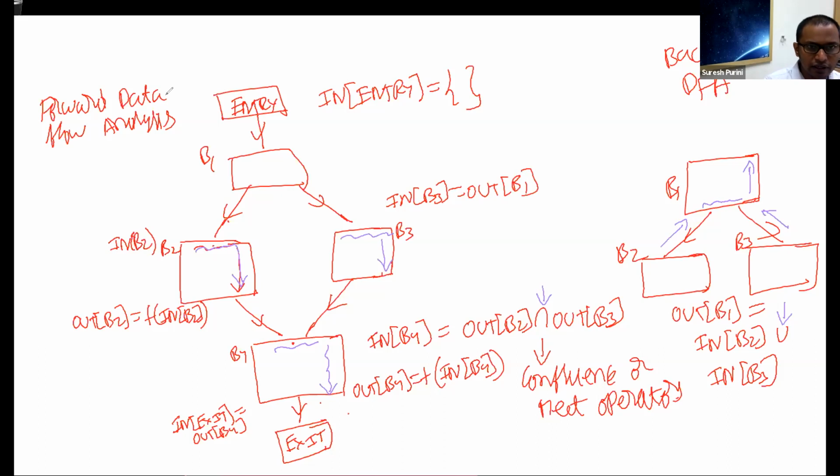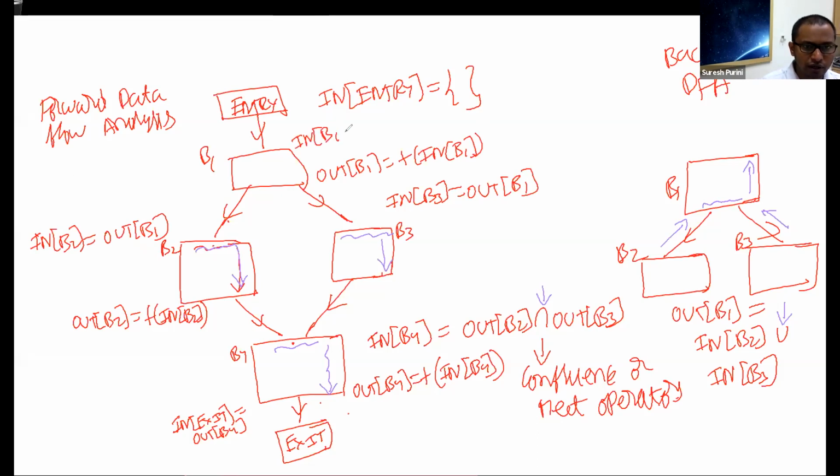Similarly, here in of B2 is equal to out of B1. So same, here out of B1 is equal to f of in of B1, and in of B1 is equal to in of entry. Out of entry and in of entry are the same.